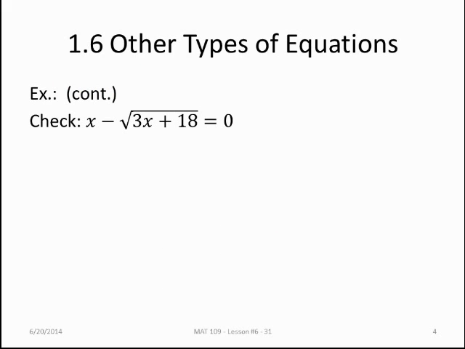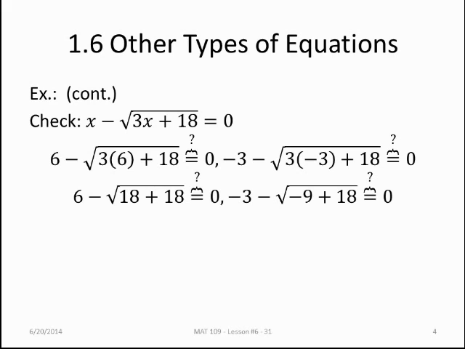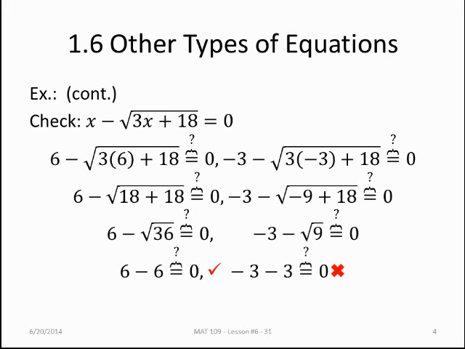Here's the original equation, and I'm going to do this side by side, in parallel. I'm going to put 6 in over here for x, and over here I'm putting the other solution, minus 3 in for x. Going down in parallel, doing the arithmetic, on the left side I get 6 minus 6, which does indeed equal 0.